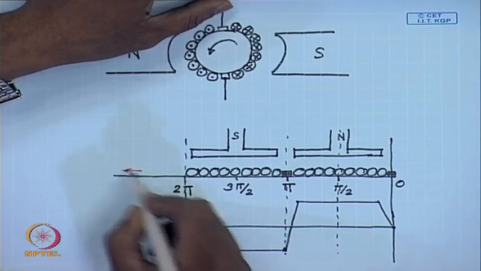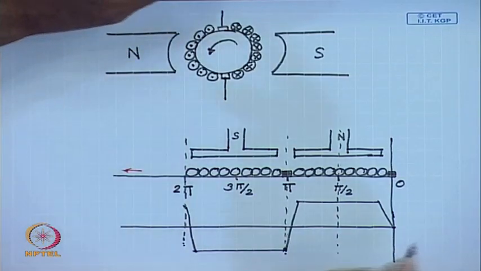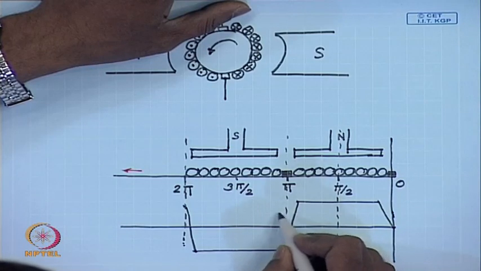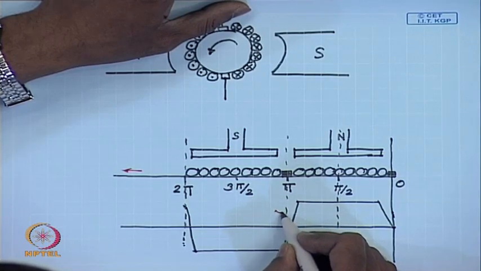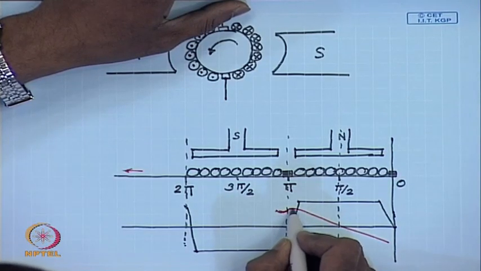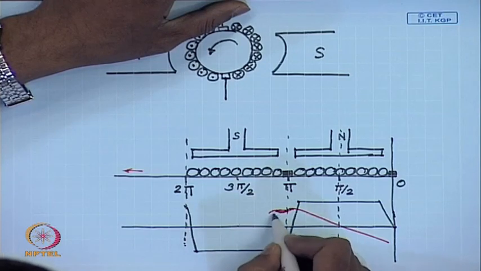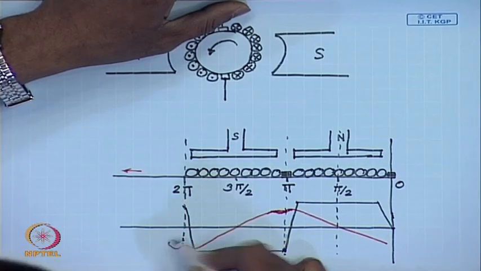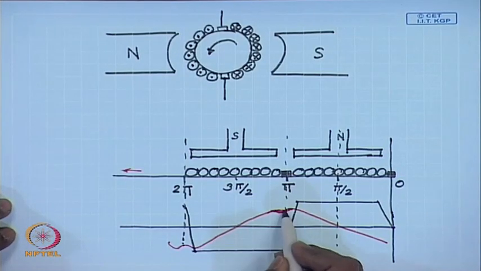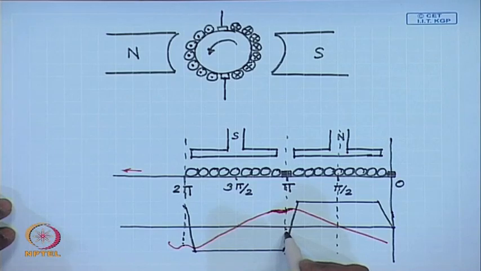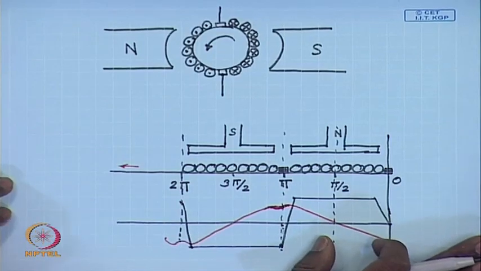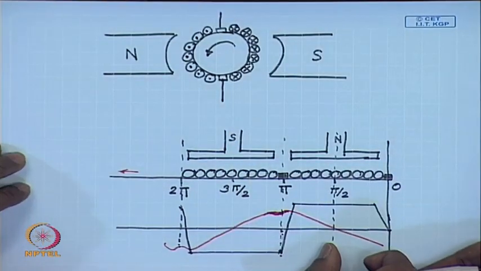The machine is moving in this direction. So, it produces a residual flux density at the brush position, which induces a voltage in the coil undergoing commutation and creates problems with commutation. We will see what kind of problem may arise.